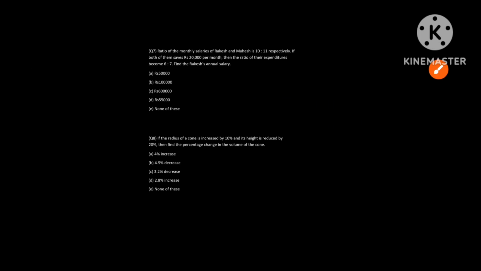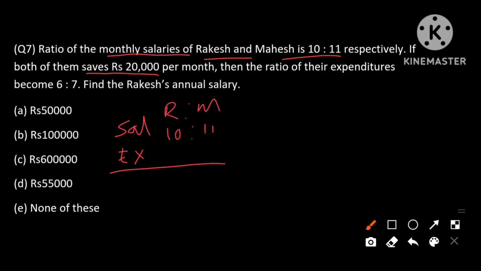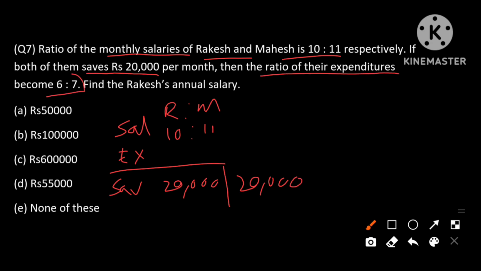Next question. Ratio of the monthly salaries of Rakesh and Mahesh is 10:11, and if both of them save 20,000 per month after expenditure, 20,000 each, and the ratio of their expenditures is 6:7.